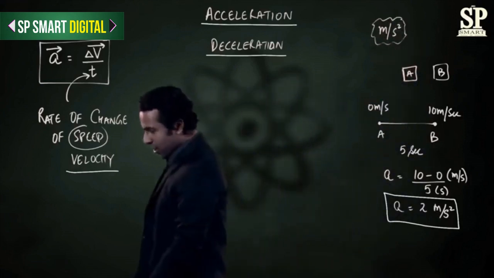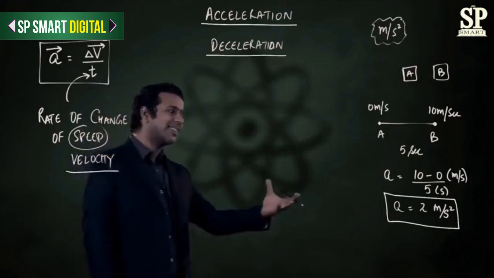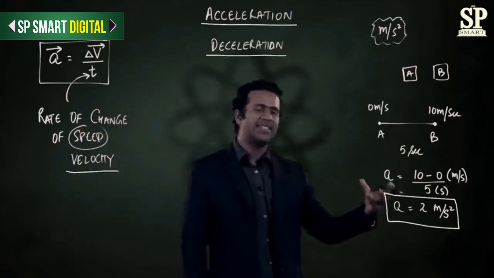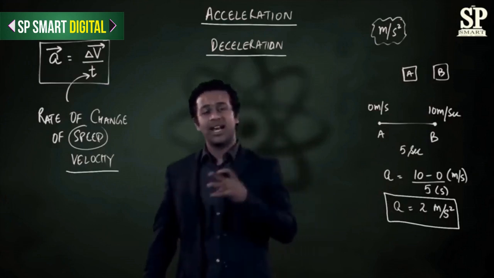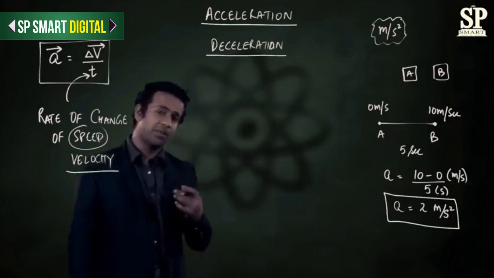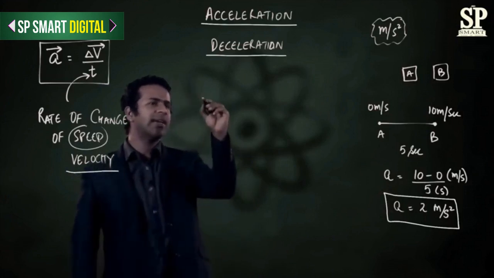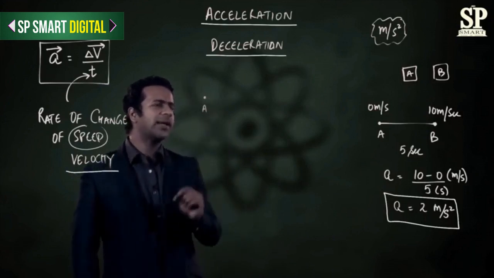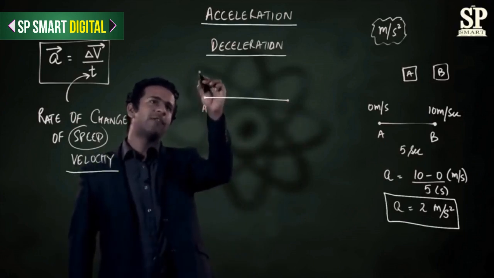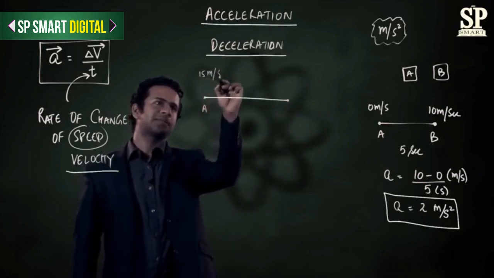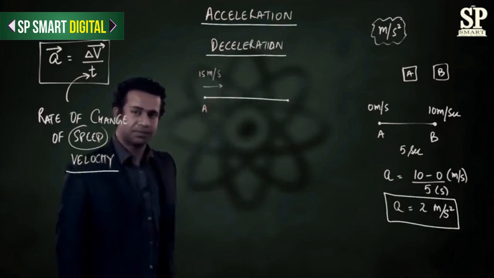Right. So you may have noticed that in this case, we did not take any signs into consideration. Let's take an example which highlights how sign is important. So let's say a particle starts from point A where it has a speed of 15 meter per second rightwards.